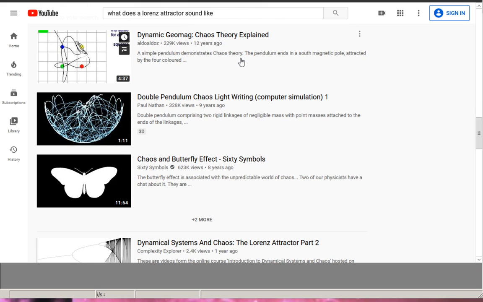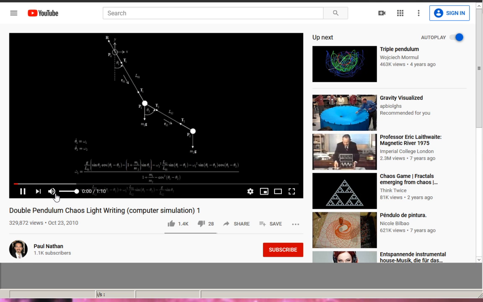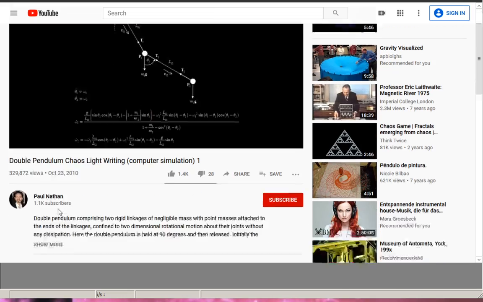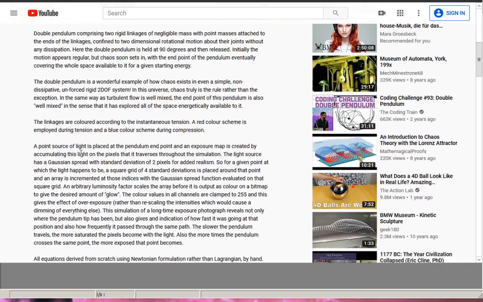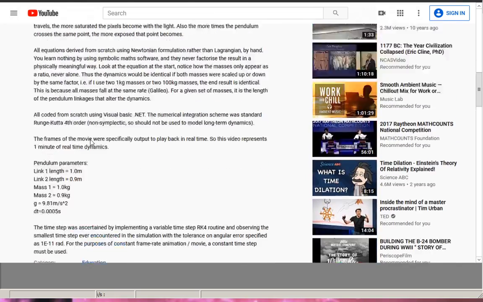Double pendulum chaos light rating. Oh, that's that double pendulum thing.